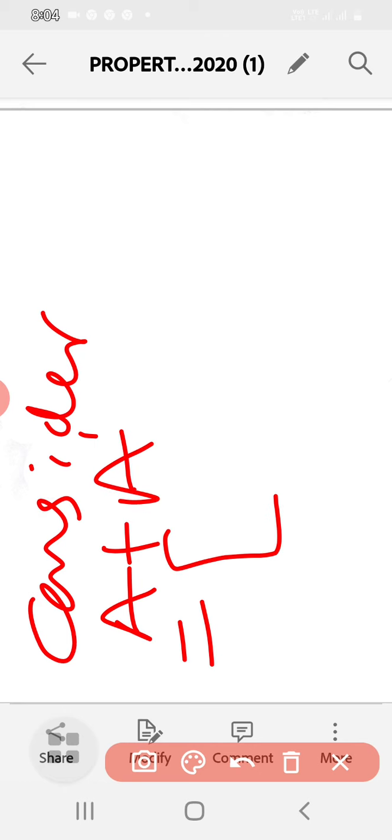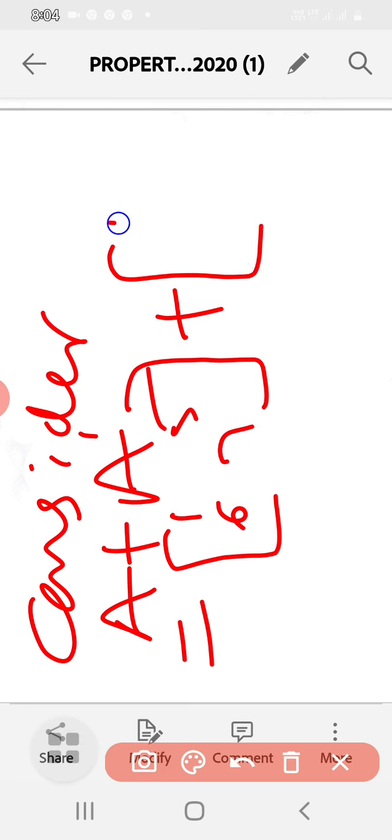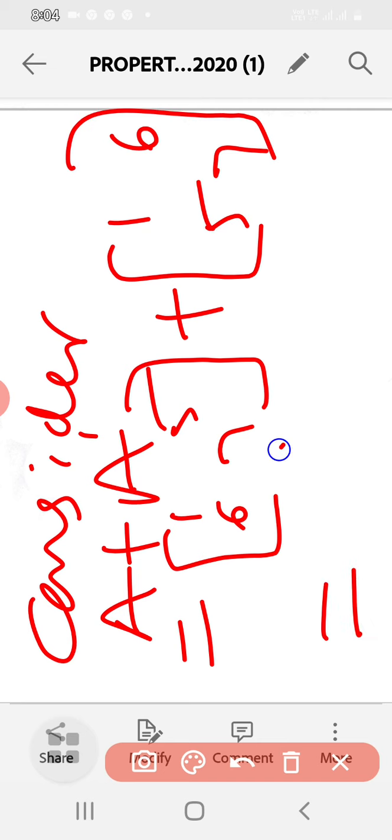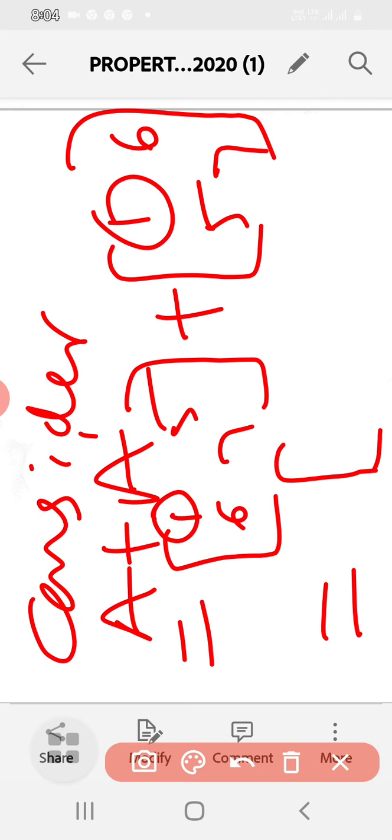That is, the given matrix is 1 5 6 7 plus A dash, which is 1 5 6 7 with rows and columns interchanged. We have to add the two matrices, so corresponding elements should be added here. 1 plus 1 is 2. 5 plus 6 is 11. 6 plus 5 is 11. 7 plus 7 is 14.